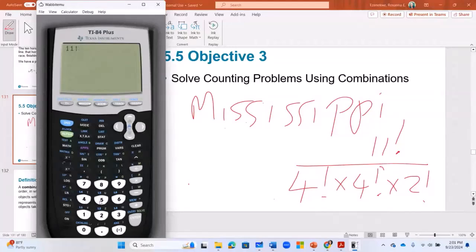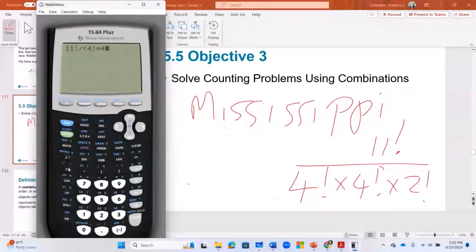Be careful when you hit divided by, you must use parentheses, because you're dividing by multiple things. Divided by 4 factorial: go to math, arrow to PRB, number 4, multiply again by another 4 factorial.